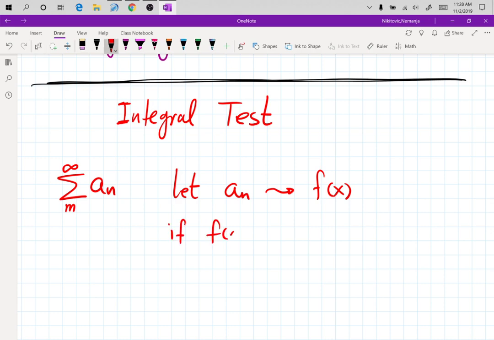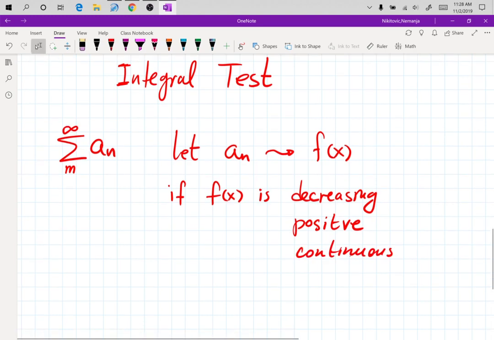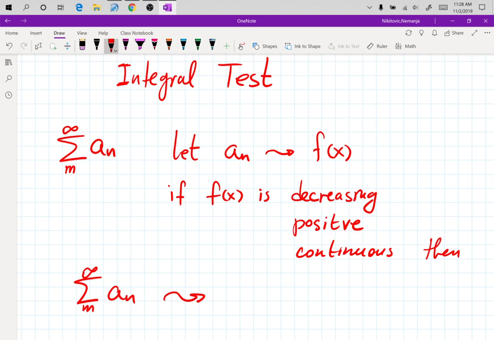If f of x is decreasing, positive, and continuous, then the summation of a_n can be transferred into the integral from m to infinity of f of x dx.